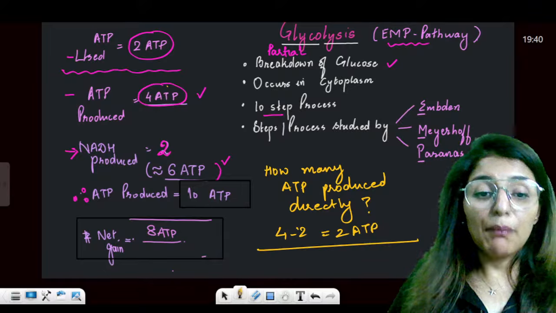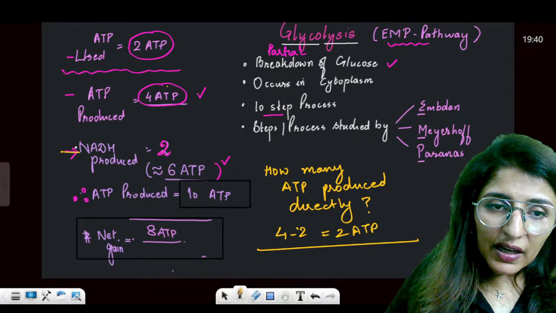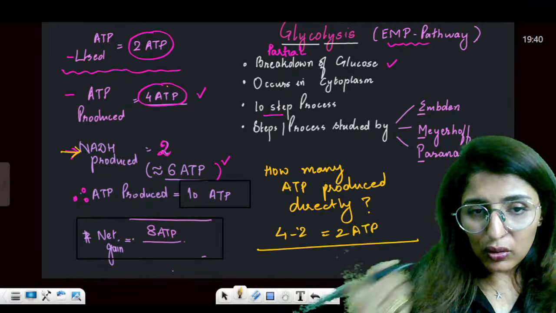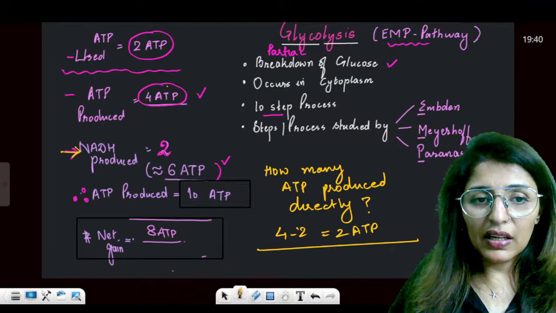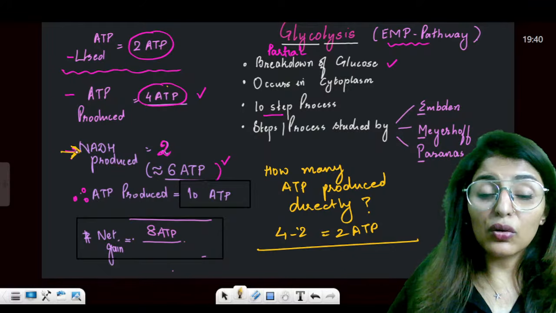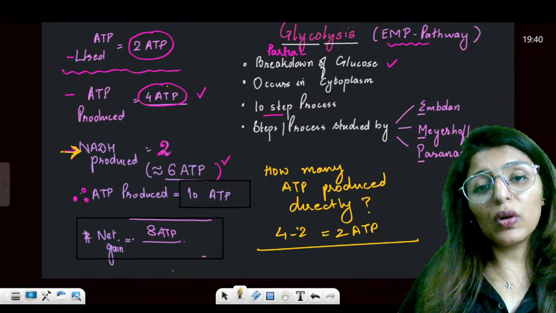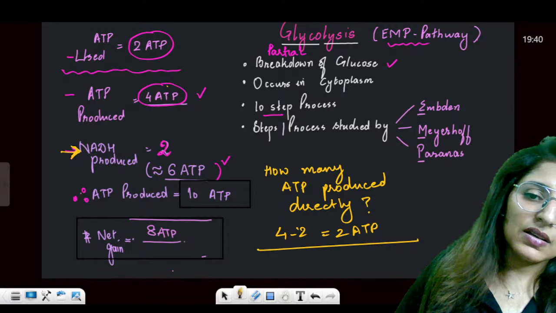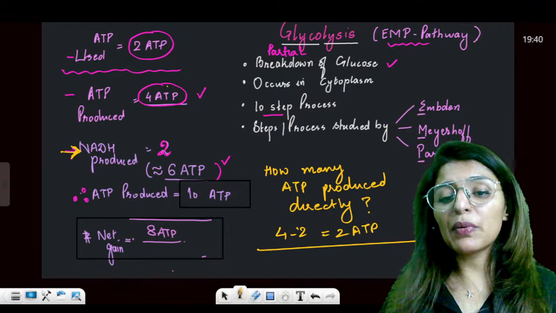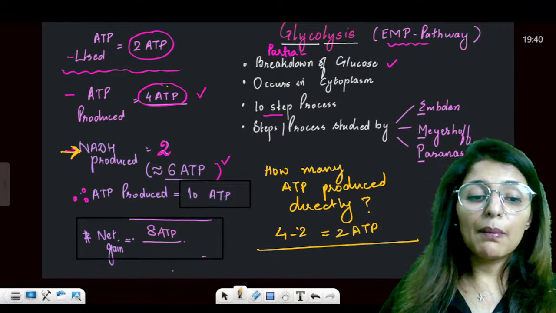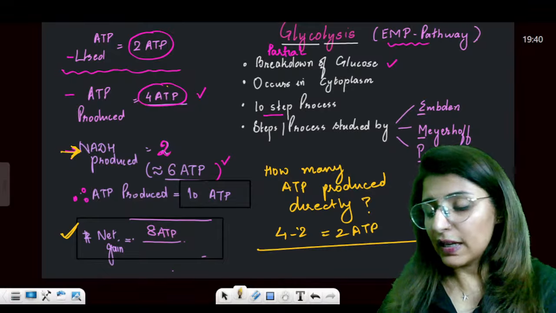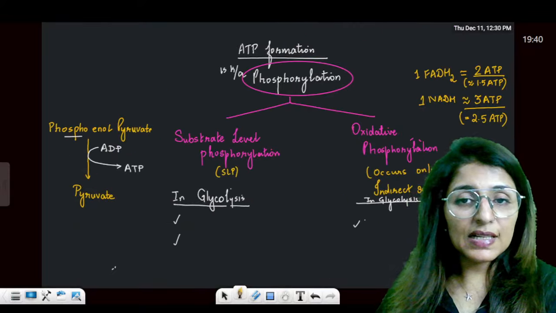Because this conversion of NADH into ATP occurs through a different pathway, which only occurs in the aerobic process. Is that clear? So the ATP produced directly are 2 ATP, but the net gain should be 8 ATP. Are these points clear? Please let me know.